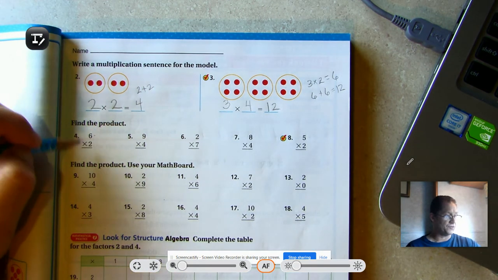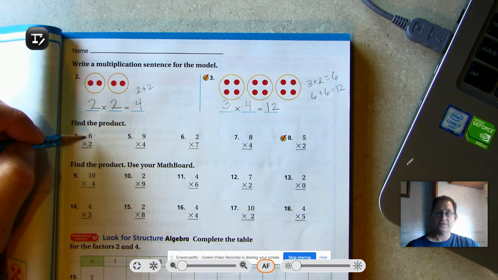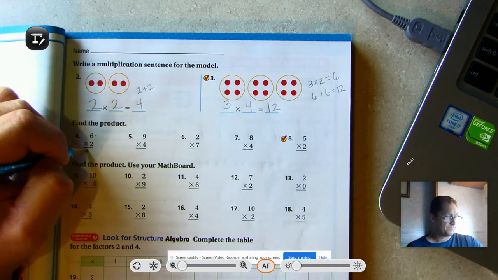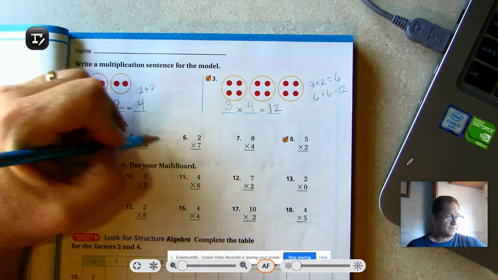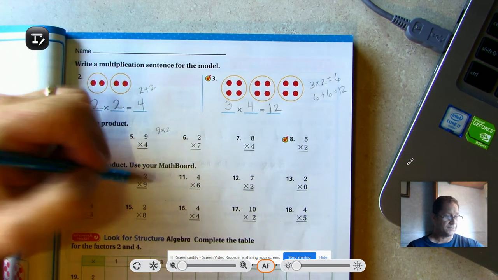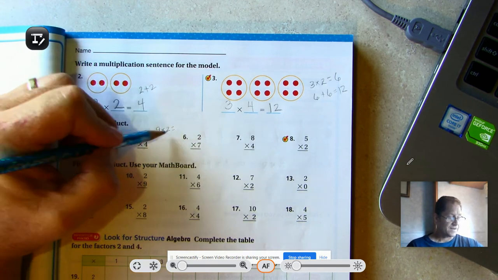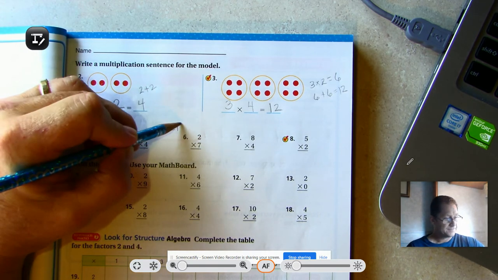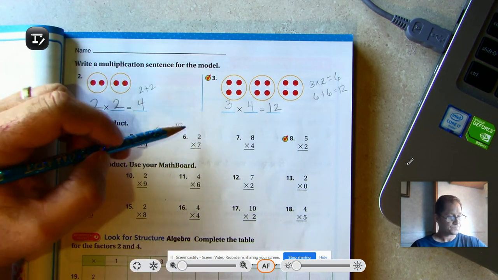6 groups of 2. 2, 4, 6, 8, 10, 12. 9 times 4 is the same as 9 times 2 doubled. 9 groups of 2 is 18, because 9 plus 9 is 18.